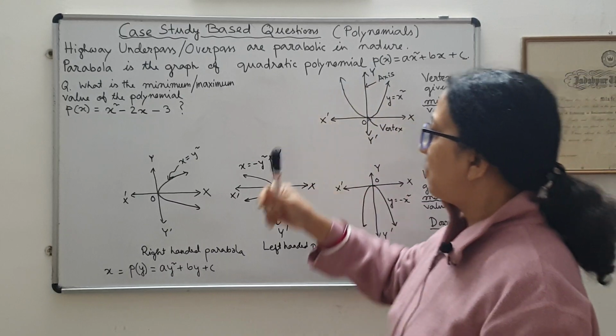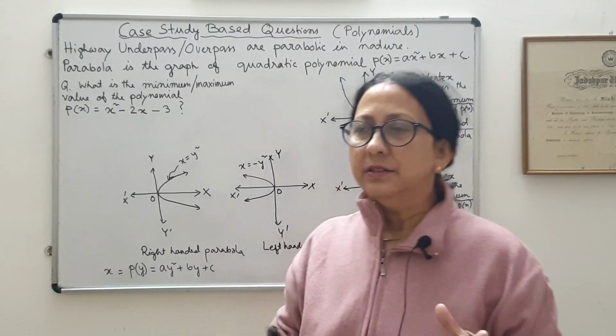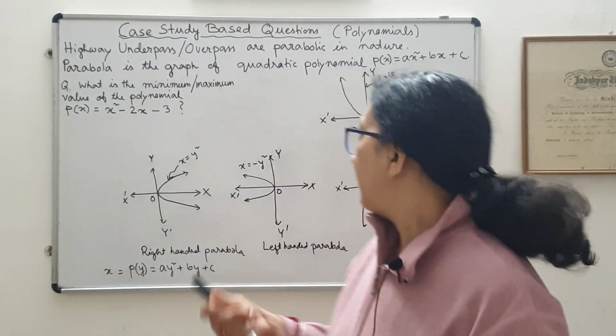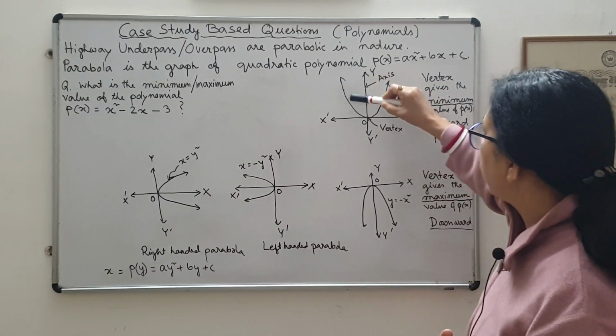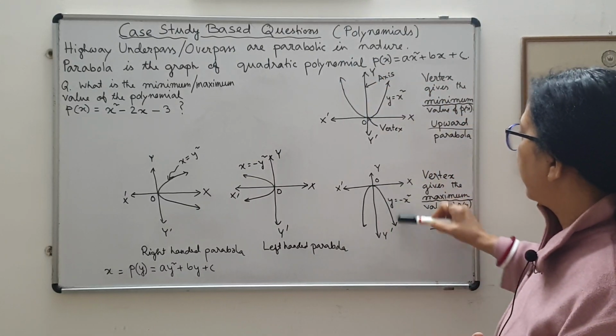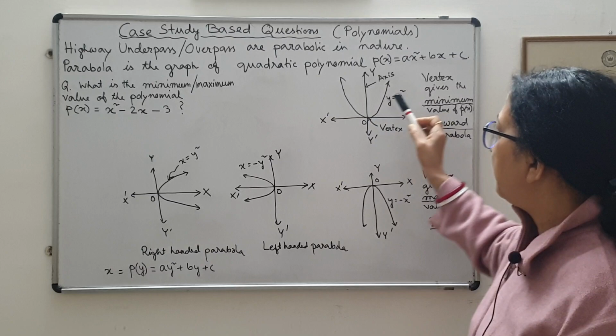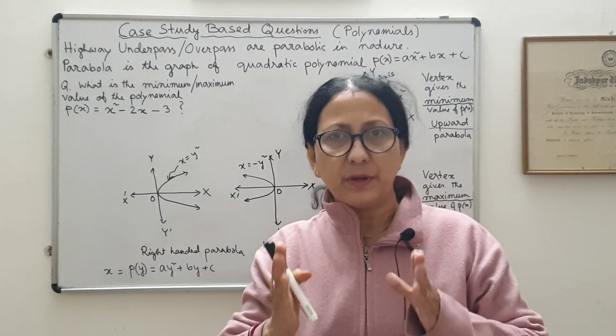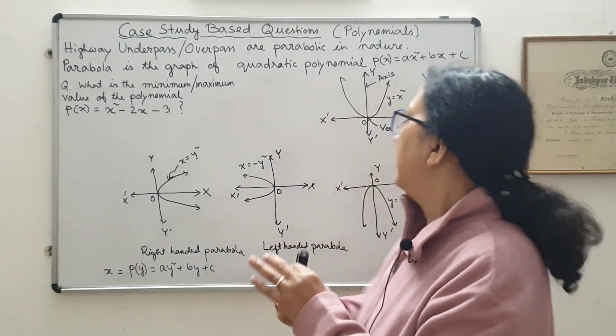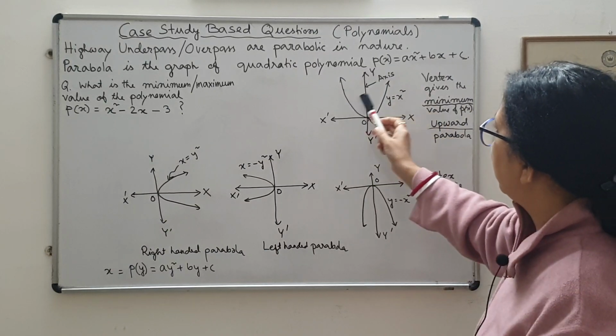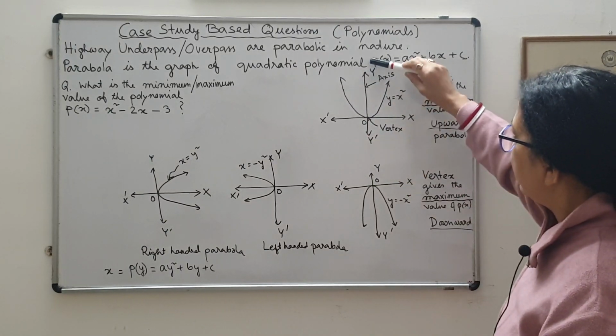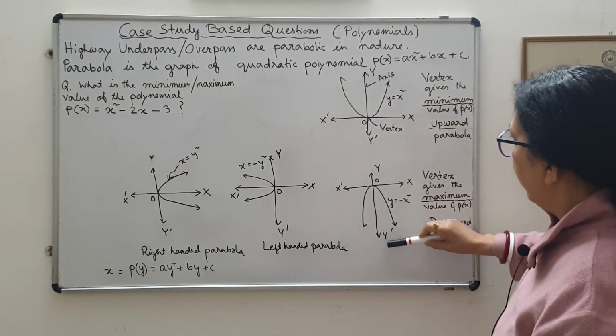Now again, that parabola can be of four types. One will be upward, as you see, this is upward and this is downward. Now what is typical of these parabolas is that they are symmetric about some axis. In these two cases, they are symmetric about a vertical line, that is in this case the y axis.